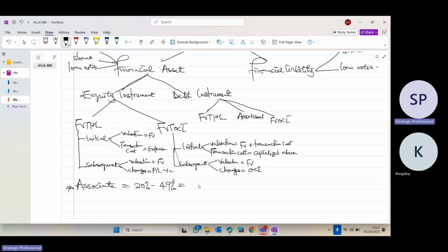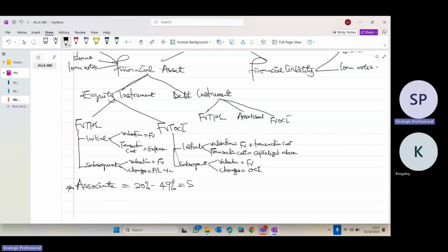And the significant influence that we mention here is actually the power to participate in the financial and the operating policy of the organization. In this case, it should be between 20 to 49%.